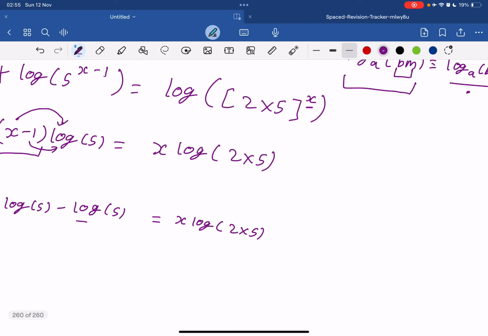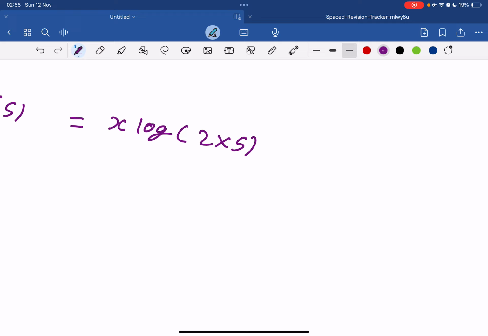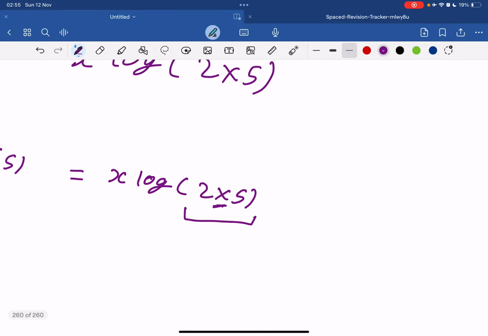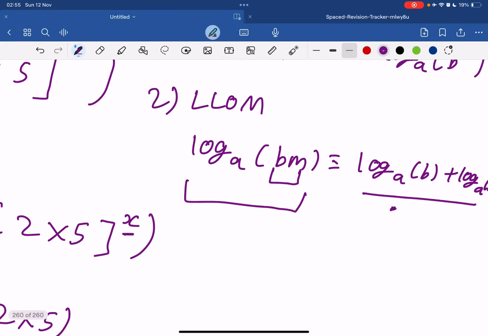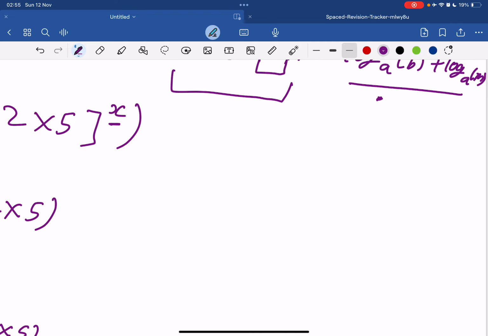Now I'm going to use, if you can see here, the value of the logarithms being multiplied. So I can use the log law of multiplication. Even if this coefficient is 2 or 3, I can still use the log law of multiplication.